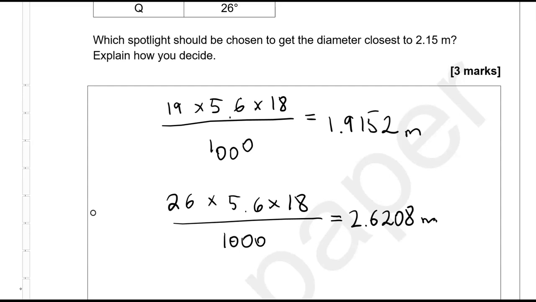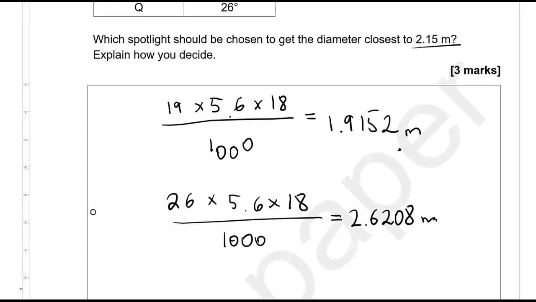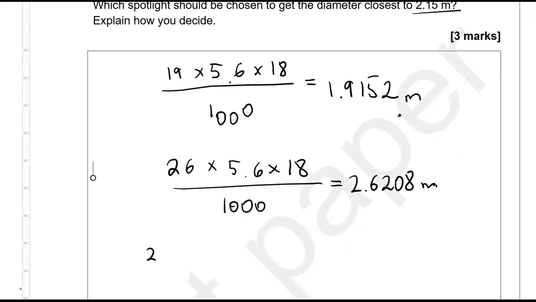Now we're going to work out the difference between each of them and 2.15. So this is lower than 2.15, so I'm going to do 2.15, take away 1.9152, which gives us 0.2348.